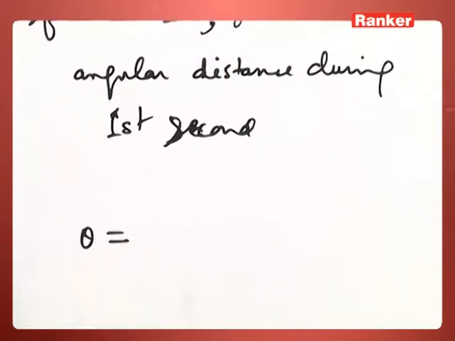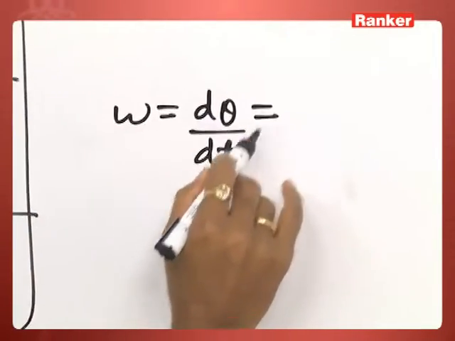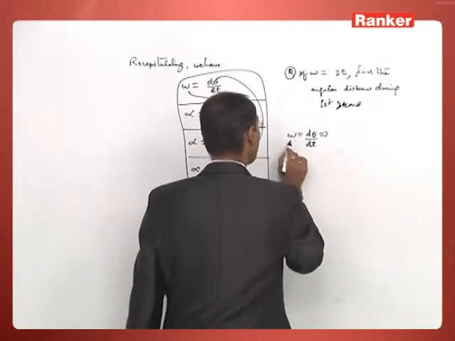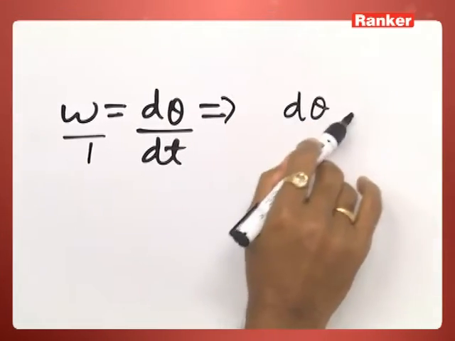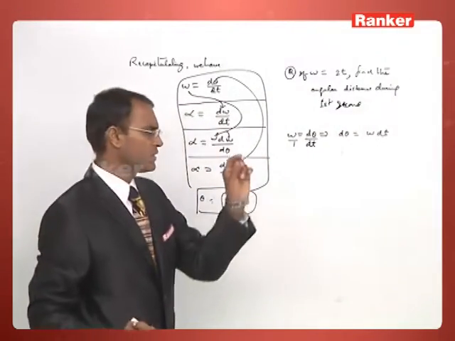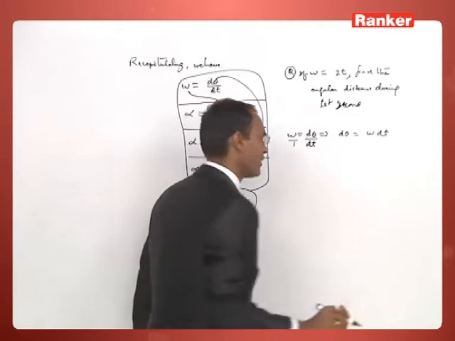Angular velocity is equal to d theta by dt. This gives us, by cross multiplication, during a very small time interval dt, this covers a very small angle d theta.